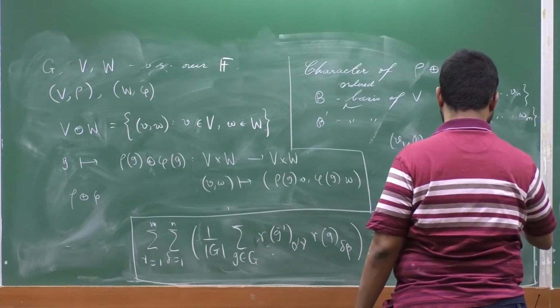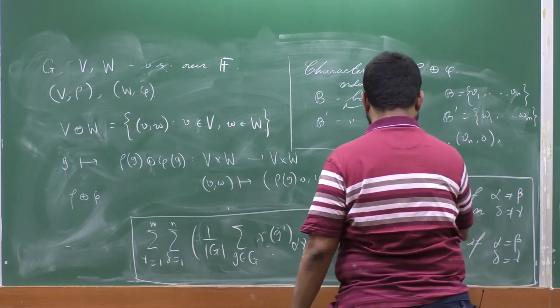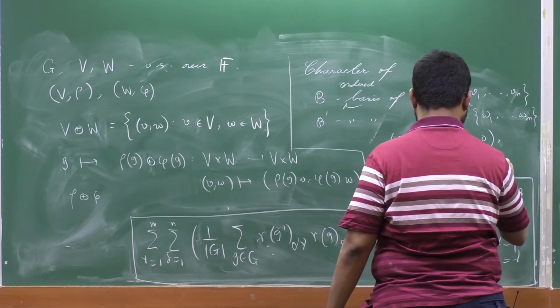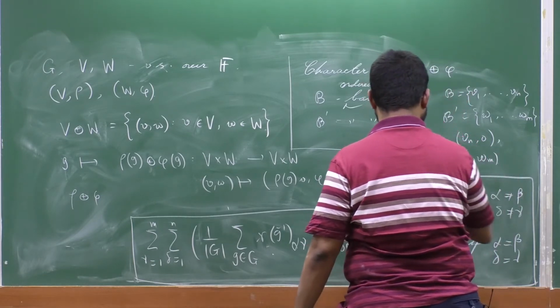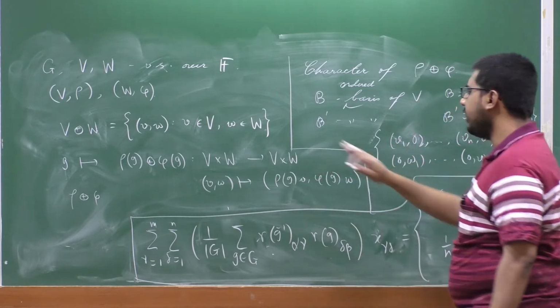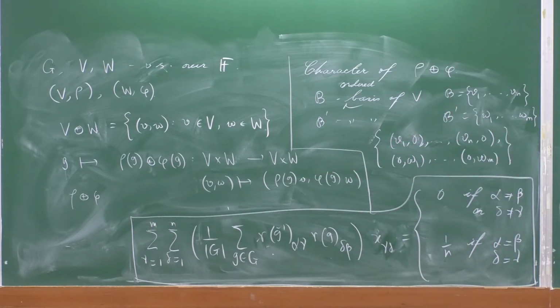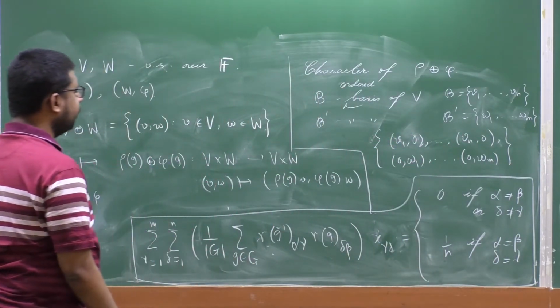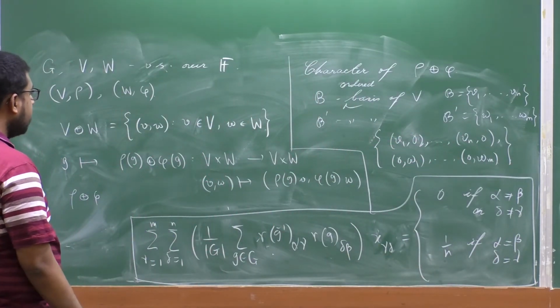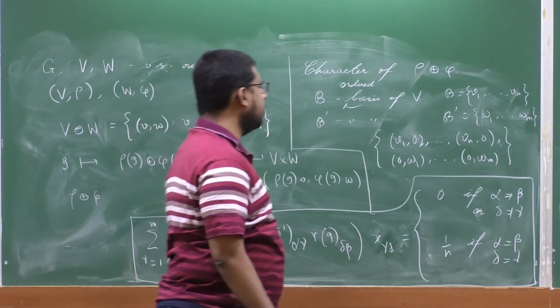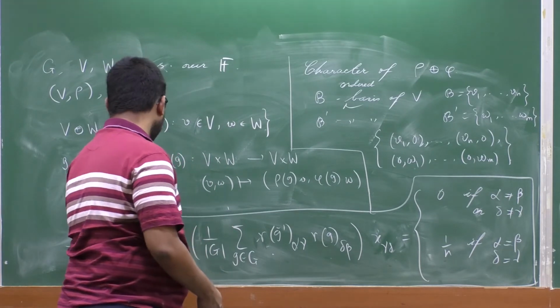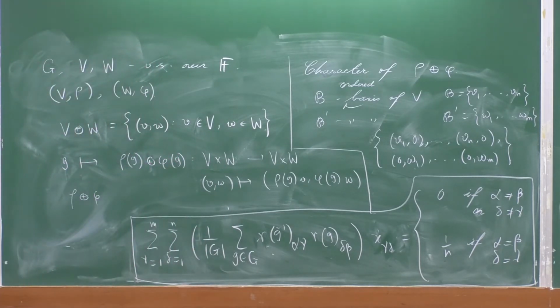So this is going to be an ordered basis of this direct sum, right? Then with respect to this ordered basis, what is going to be the matrix representation of the direct sum?